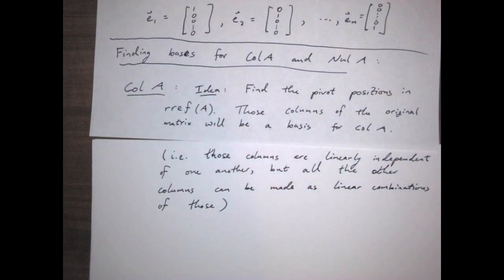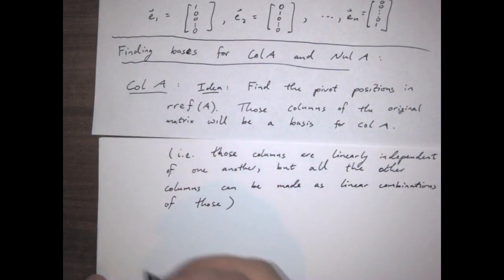So you've got a minimal set. It is in some ways the minimum viable set of all of the columns of a matrix.